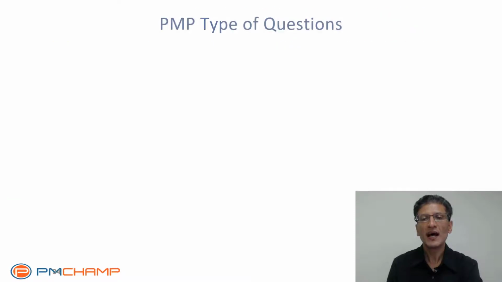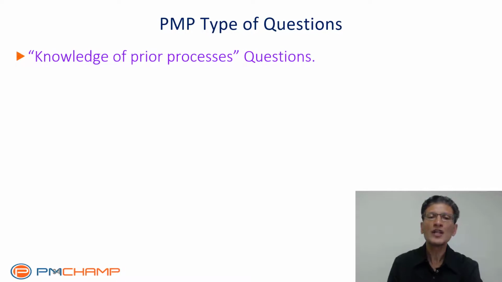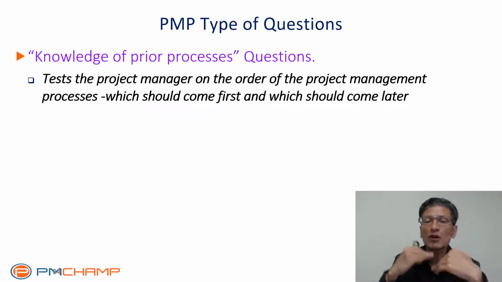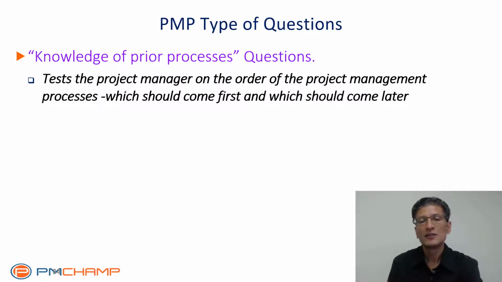Let's look at another type of question. This type of question is called knowledge of prior processes question. This means they are testing you whether you know which process comes first and what process comes next. So this order of first and next will help you to answer such questions.